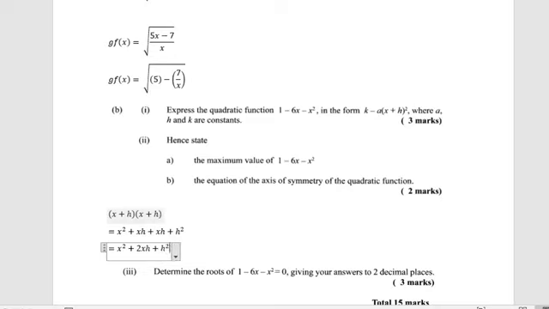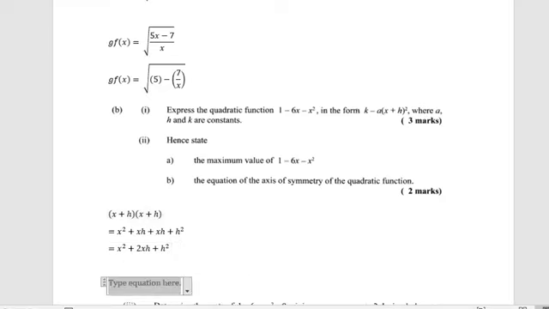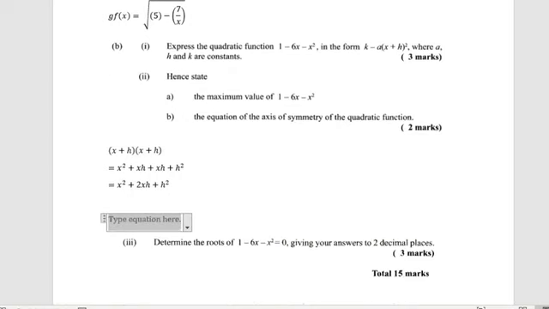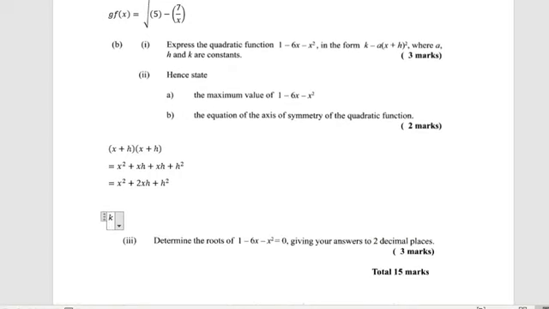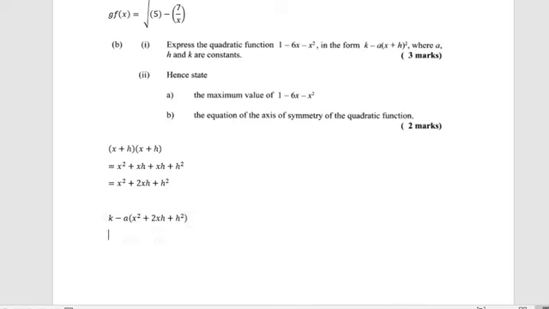I'm now going to put this back into the formula that was given of k minus a open bracket x plus h squared. Therefore, that will result in it being written as k minus a, then in brackets x squared plus 2xh plus h squared. So now we'll multiply a by each term in the bracket.